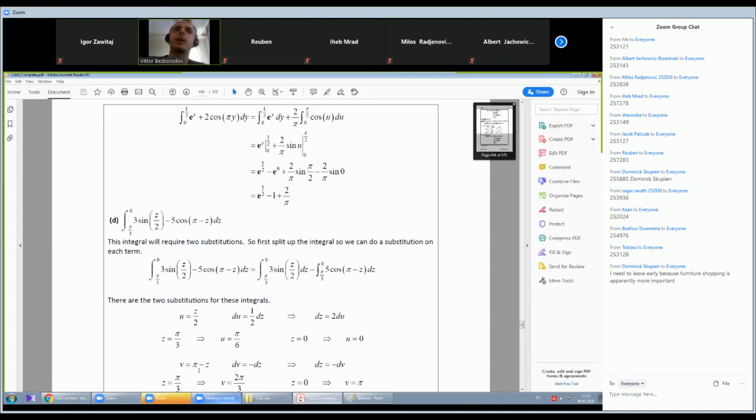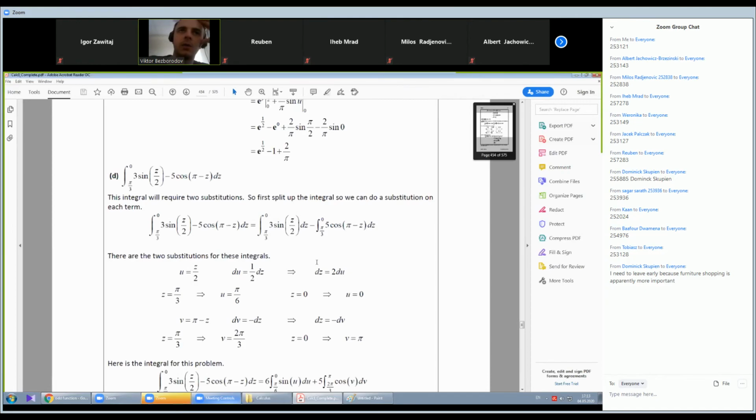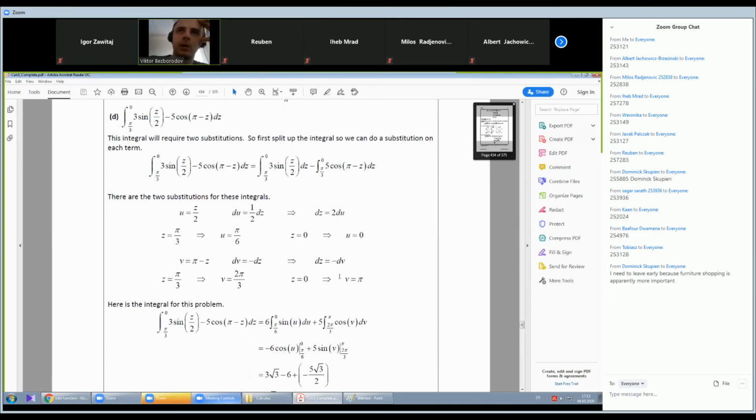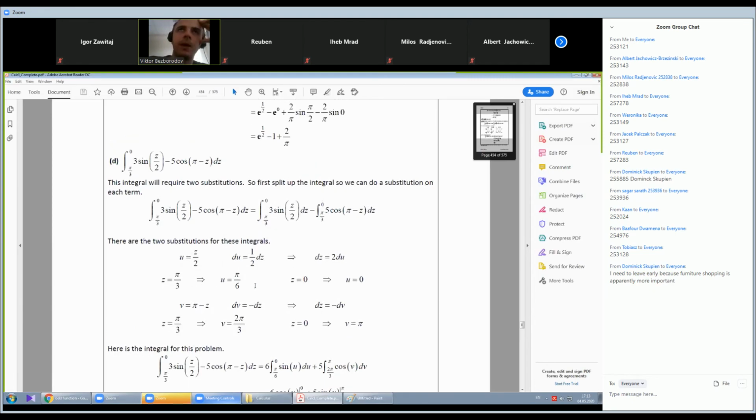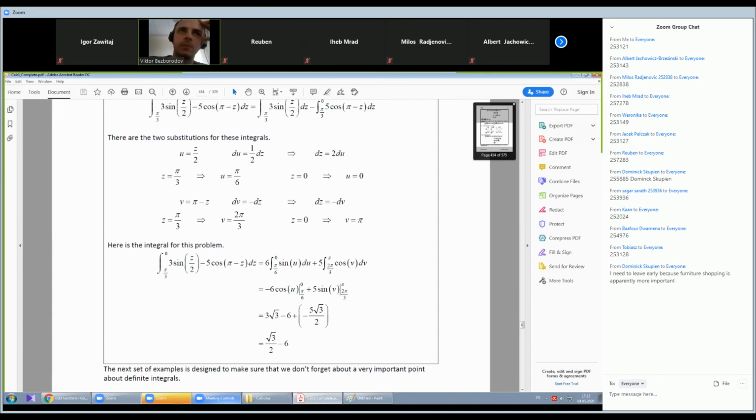And in the second integral, they take v equals pi over z, right? So for two different integrals, you have two different substitutions. Nothing really special is going on. And then for each of those, you once again recompute the limits, and then take care of everything.